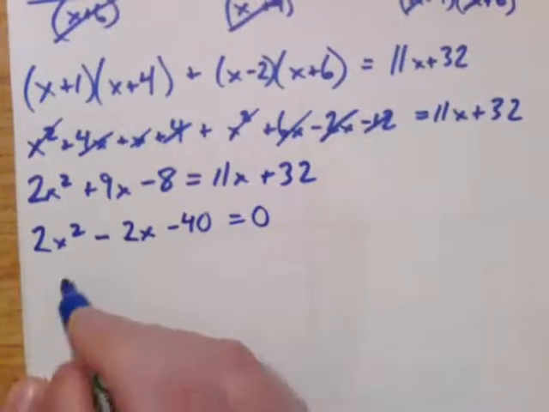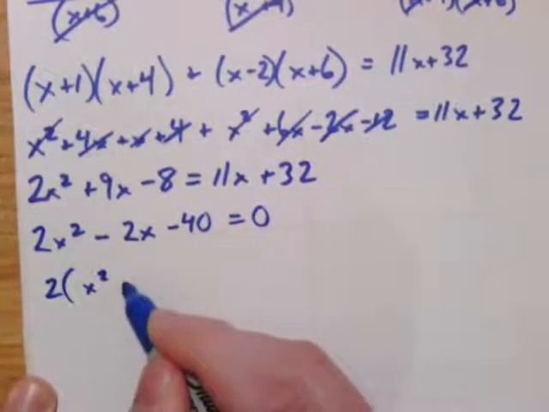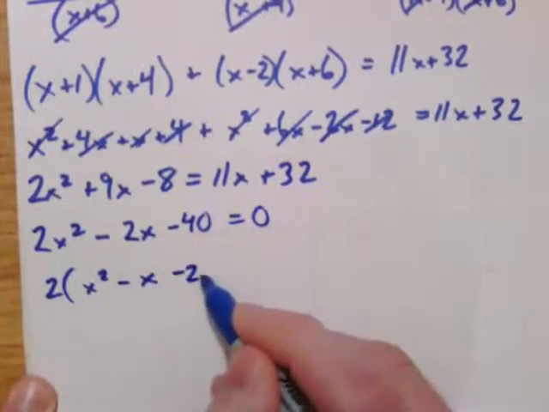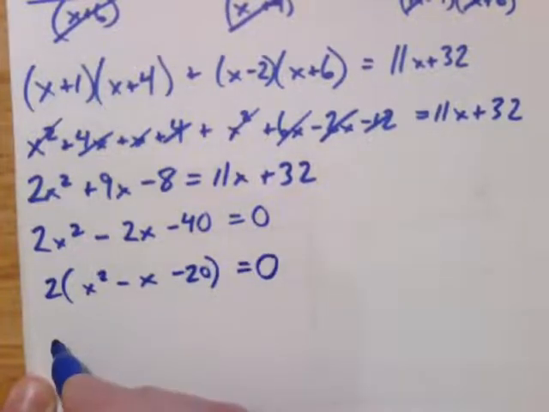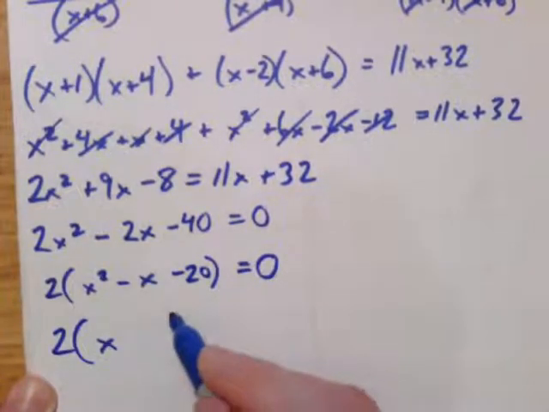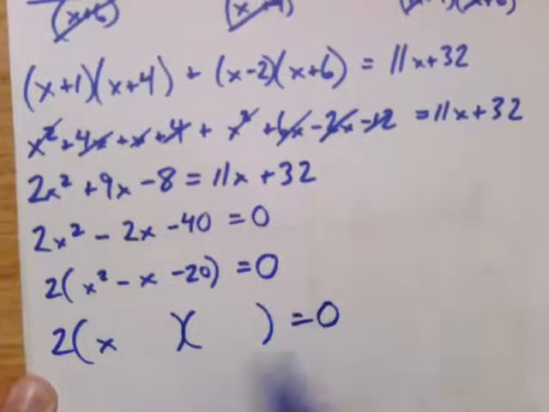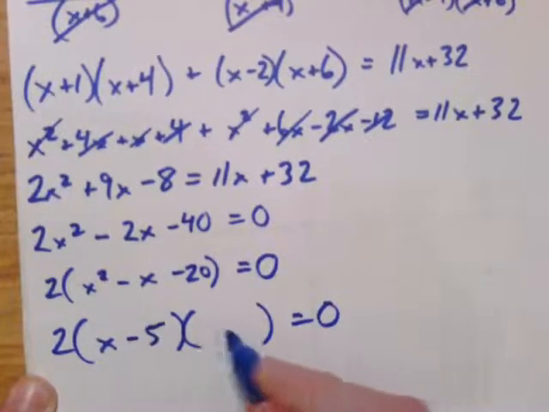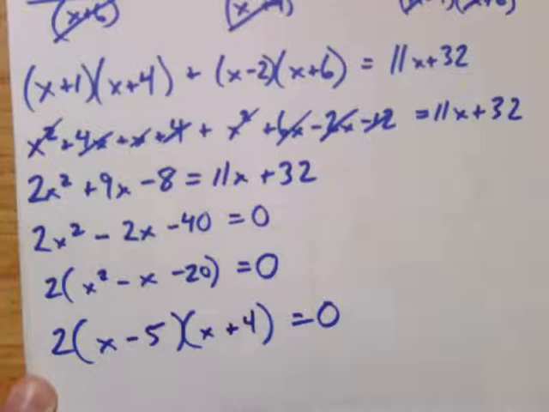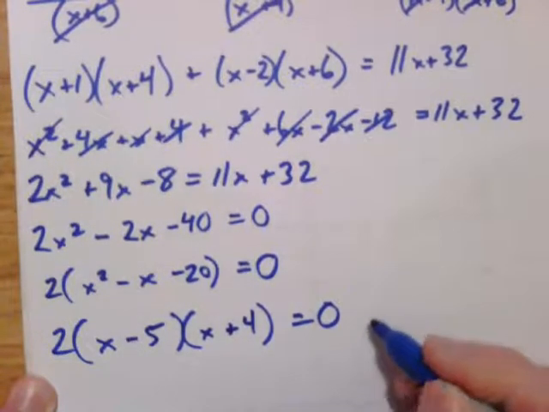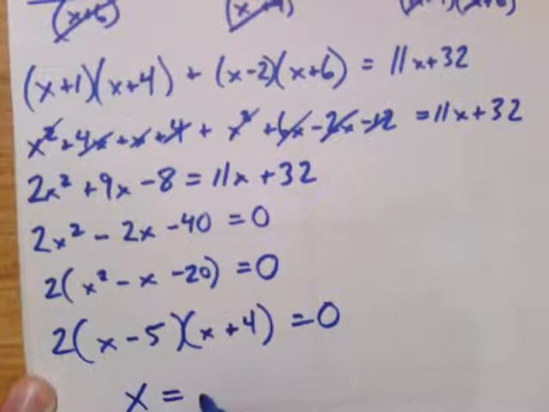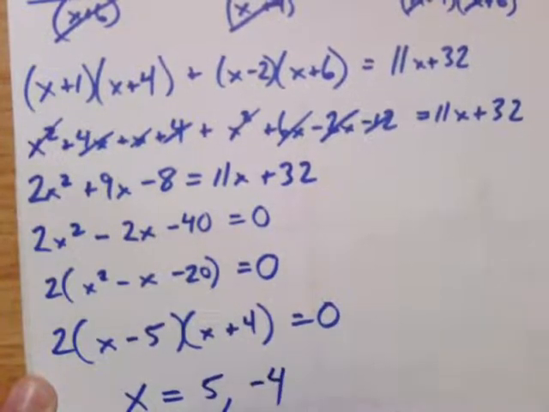Let's factor a 2 out of there. x squared minus x minus 20 equals 0. Factor: x minus 5, x plus 4. Yeah, that's right. So our answer is x equals 5 and negative 4.